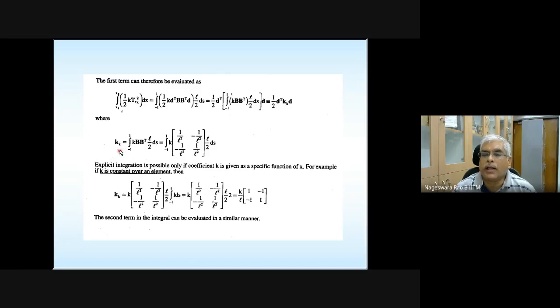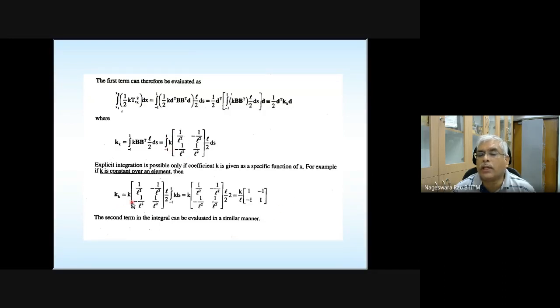It is going to be a matrix, and when you take the integral, if k is a function of x and you don't know the form of it at this stage, you will not be able to integrate. If you don't know what k(x) looks like, you may not be able to integrate. So here it is written in terms of k, assuming k to be constant. If k is constant, then it can be simplified.